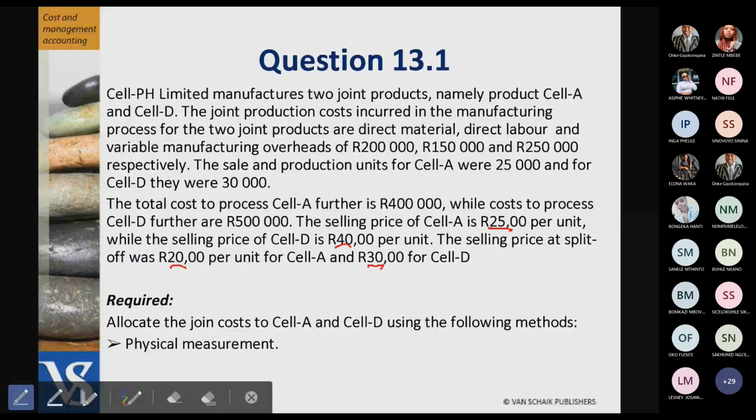So these are the units that we're talking about. Cell A, you've got 25,000 and Cell D is 30,000. So it's your production and your sales units.